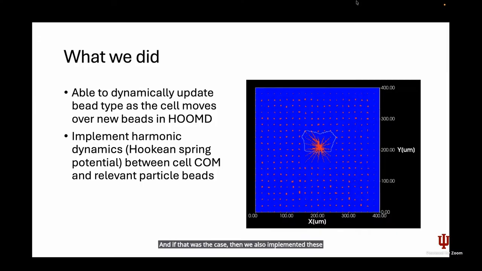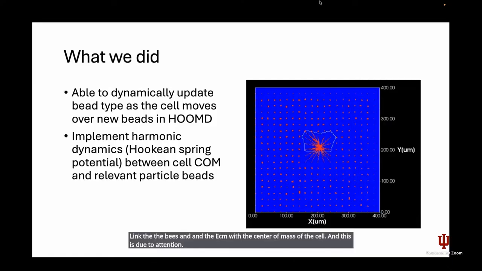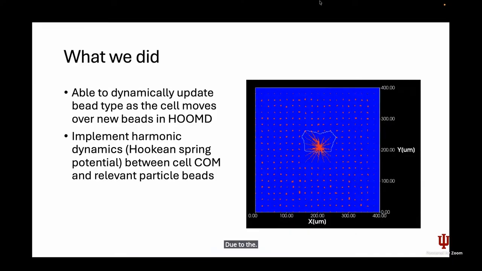effectively spring potentials that link the beads in the ECM with the center of mass of the cell. And this is due to a tension force due to the cytoskeleton of the cell. And that causes the convergence lines that you see in the simulation.